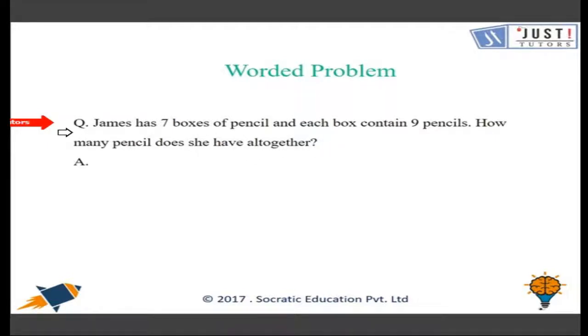In this question, we notice that we have to multiply 7 by 9 in order to find out the total number of pencils. So if we know the times table of 7, we can find out what 9 lots of 7 is, which is equal to 63. So James will have 63 pencils altogether.